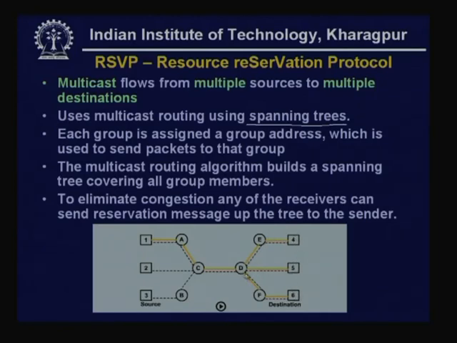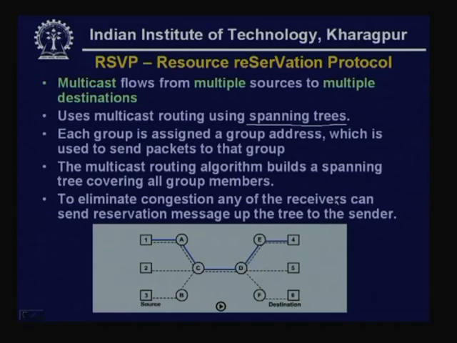So, it is transmitted on 3 paths rather than 1, and this spanning tree is based on the least cost path. So, from 1 to 4, 5, 6, this is the spanning tree. Similarly, the spanning tree can be from 2 to again 4, 5, 6. Now let us see how this resource reservation can be done.